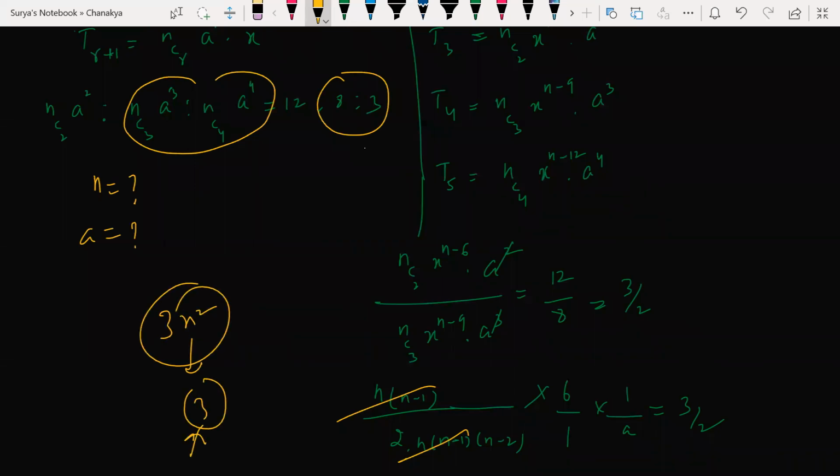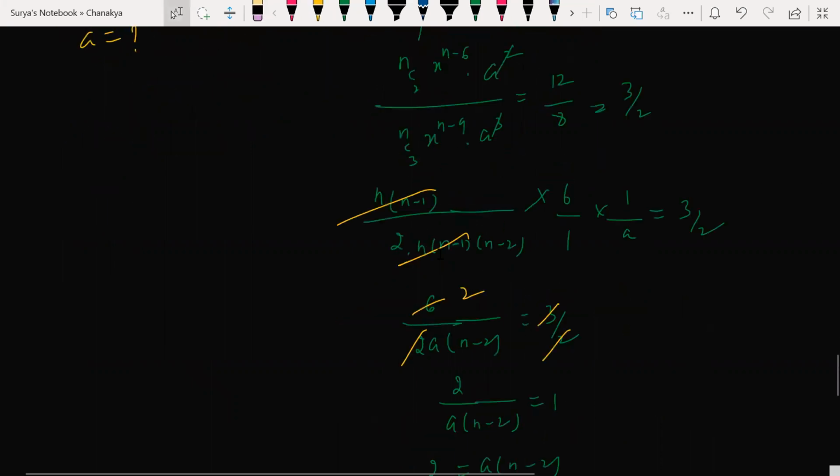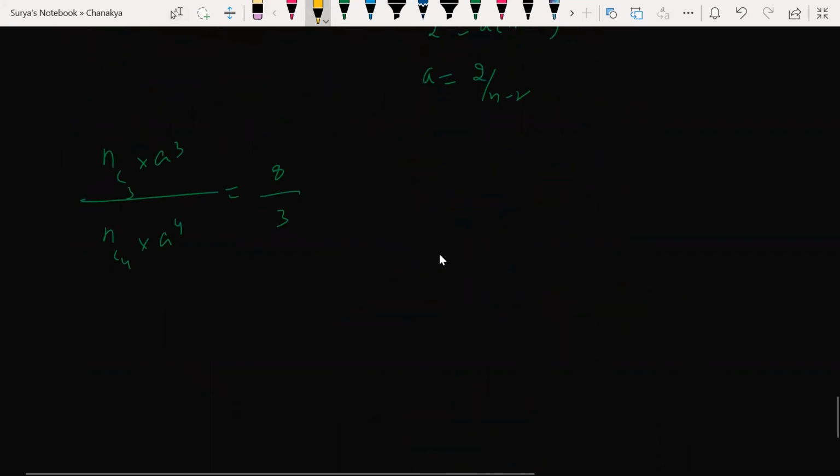So I'm considering only 3. I'm not saying that the coefficient of x square is 3x square, that is wrong, right? So similarly, the coefficients of these terms are this into this into this. I'm not considering x to the power of n minus 6 or x to the power of n minus 9, because we're taking coefficients only. Same thing here.